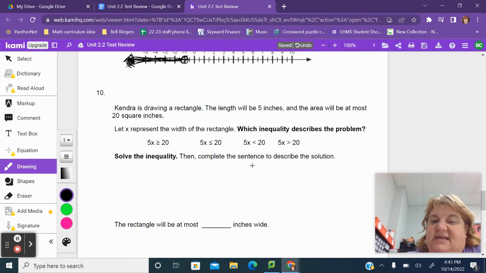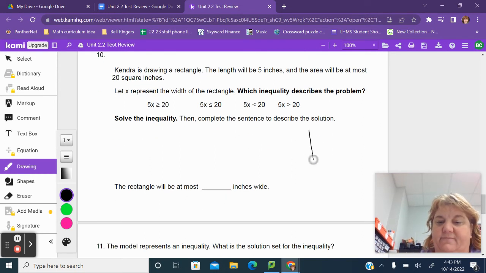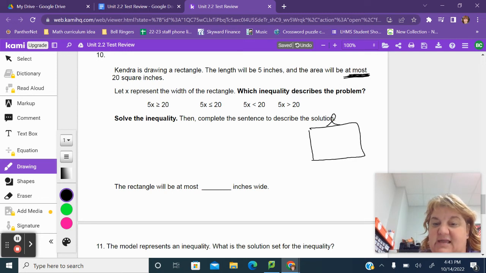Kendra is drawing a rectangle. The length will be 5 inches and the area will be, okay, so look, here's the length. The area will be at most 20. So that means it could be less than or equal to 20.